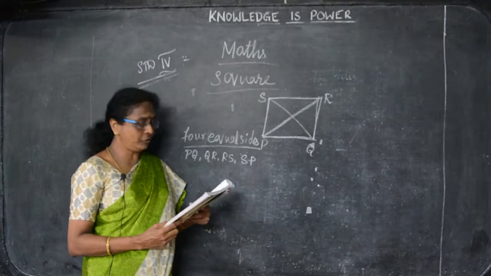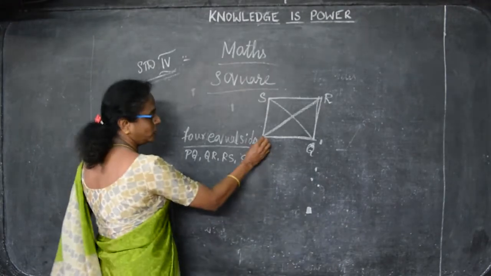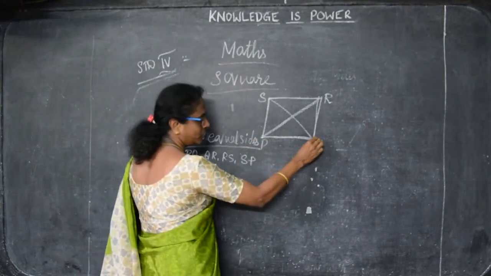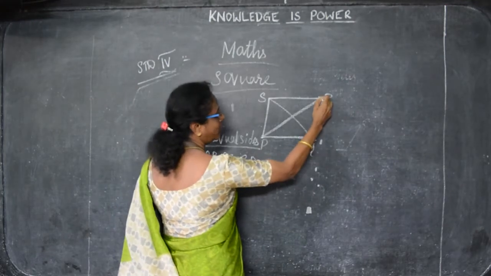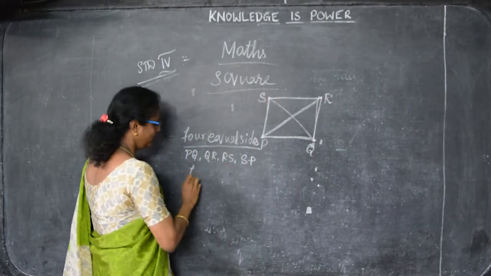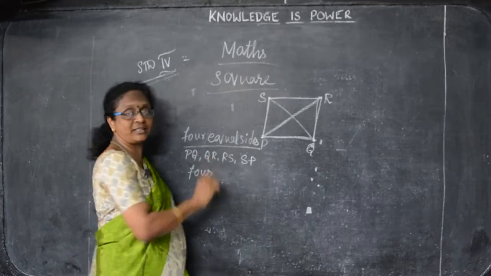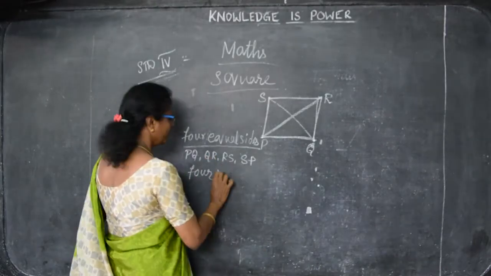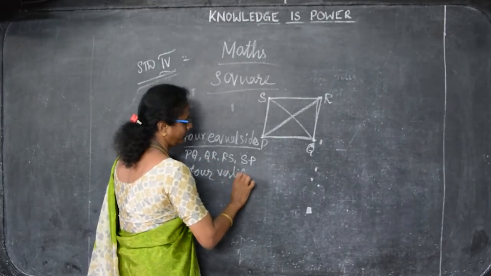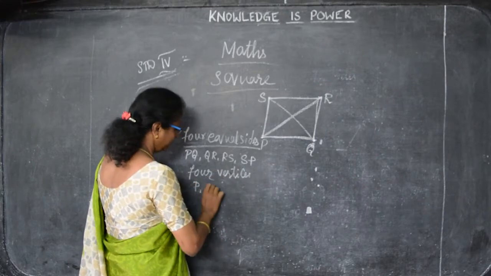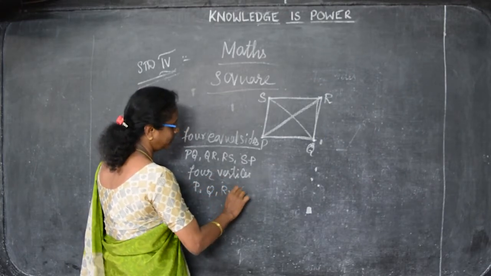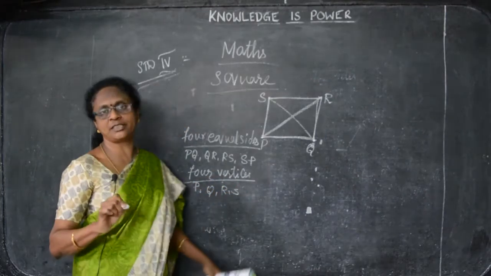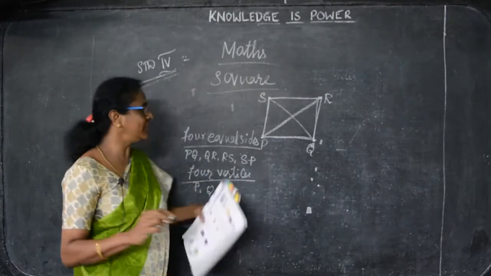And now four vertices. Vertices means the corners. So P is one corner, and Q is another one, R and S. So a square has got four vertices: P, Q, R, S. That is the four corners. And then the two diagonals.